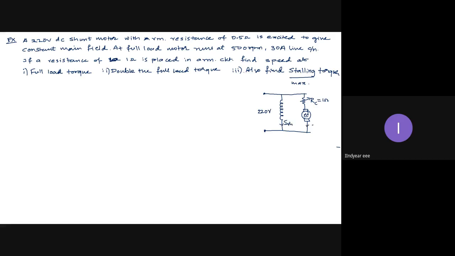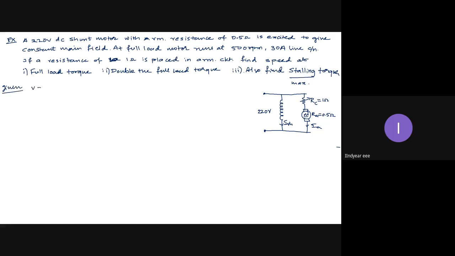ISH, this is IA. So armature resistance is 0.5 ohms. Line current is 30 amperes. If the resistance of 1 ohm is placed. So let me write the given things.